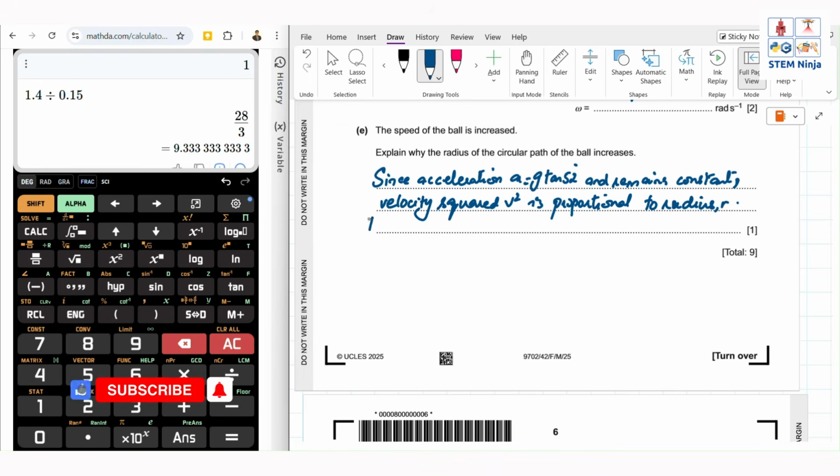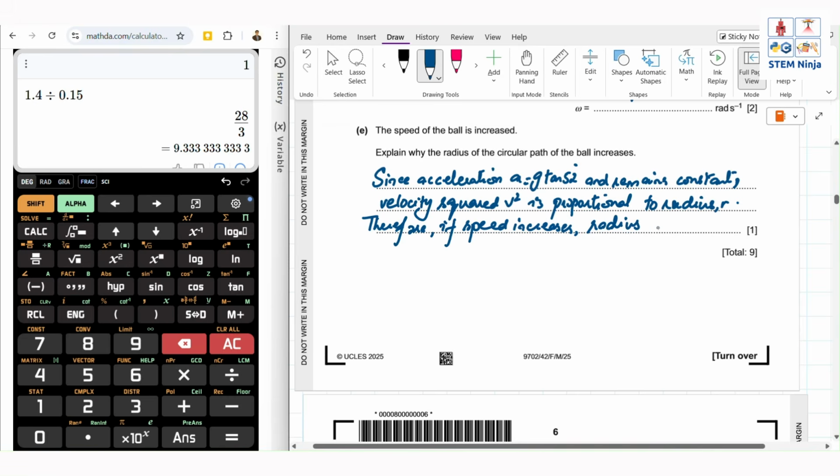So therefore, if speed increases, radius also increases. That's it. Okay.